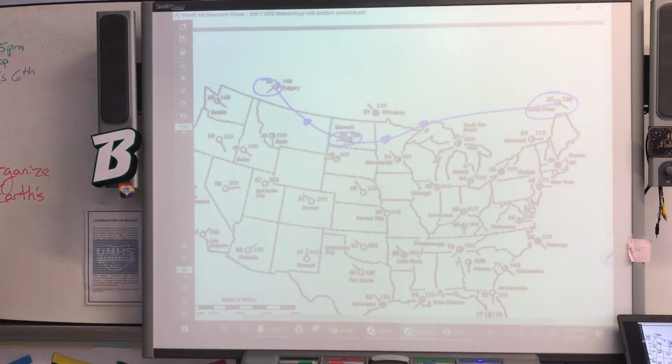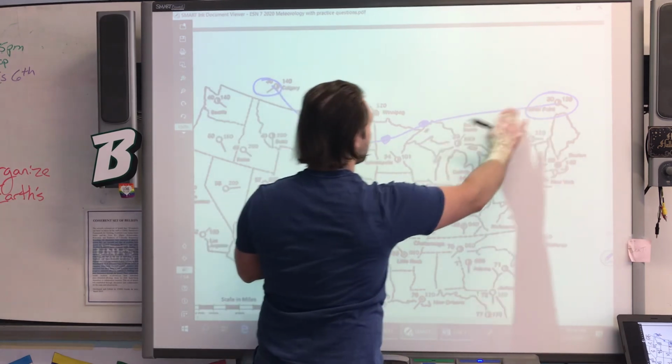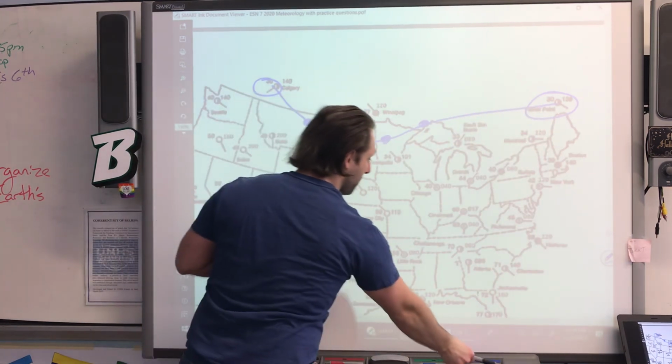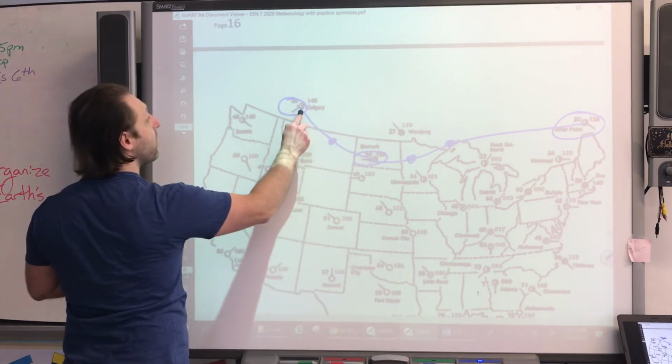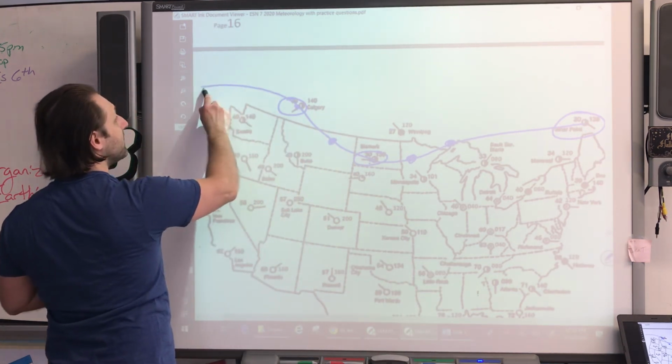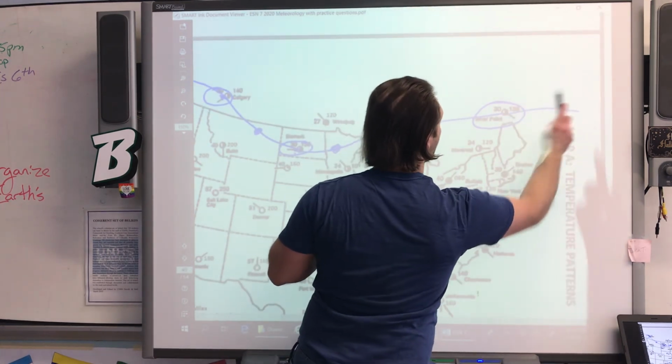All right, so as we look at this, we see we have at least the interconnected station models from here to here. But we have to finish out the map in that we need to extend our isoline, our isotherm, to each edge of the map.